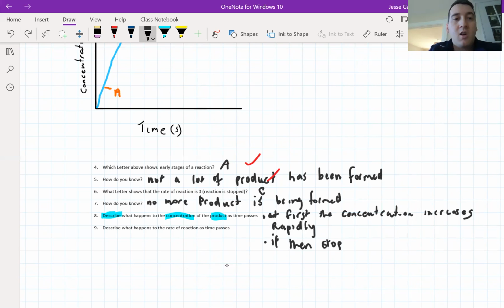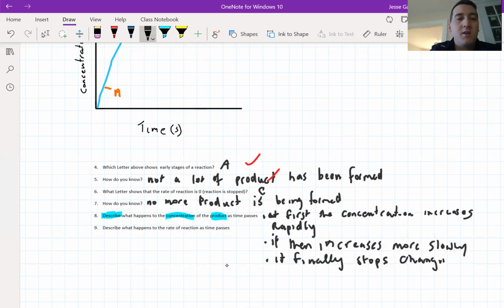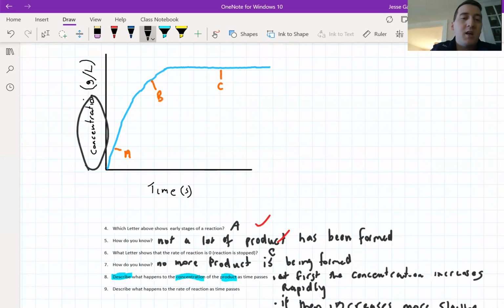It then increases more slowly for a little bit of time. And then it finally stops changing or stays flat. That's what we're talking about, the concentration here. Remember, this is the concentration. In the beginning, it's going up very quickly. Then it goes up a little bit more slowly, and then it stops changing.